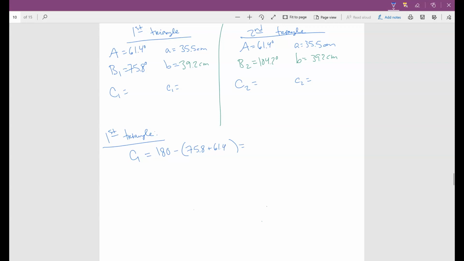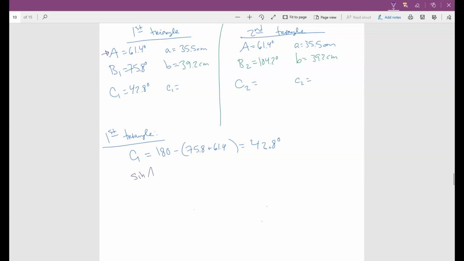I'm going to take 180 minus 75.8 plus 61.4. And that's going to give me 42.8 degrees. So this guy's going to be 42.8 degrees. So now all we need to figure out is what little c1 is. I can use whichever measurement I want. I'm just going to use A. I could have used B1 also.